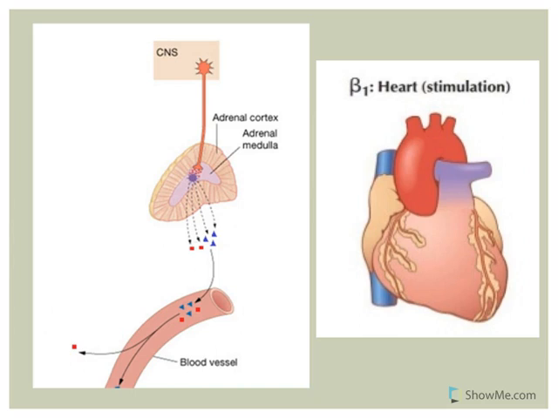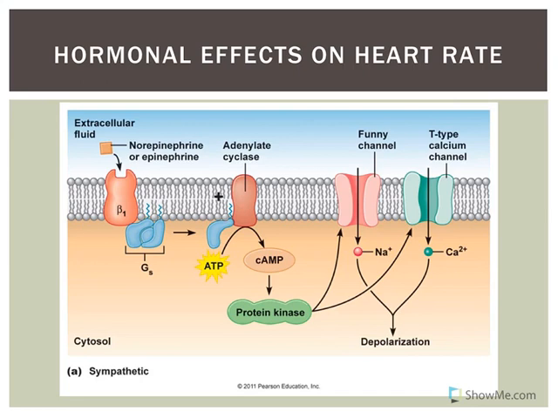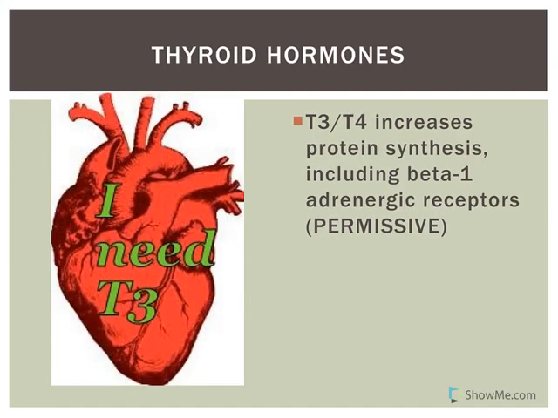Now, thyroid hormones also will affect this. Thyroid hormones also result in an increase in heart rate and contractility, but how they do it is that thyroid hormones increase the production of the beta-1 adrenergic receptors. So having thyroid hormones is important for you to be able to respond to sympathetic nervous system stimulation because you need those beta-1 adrenergic receptors.